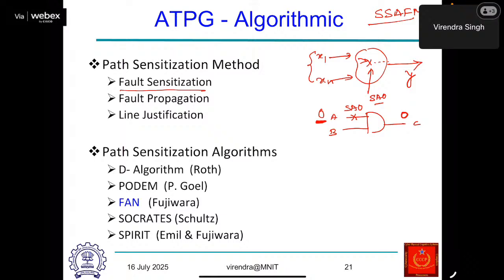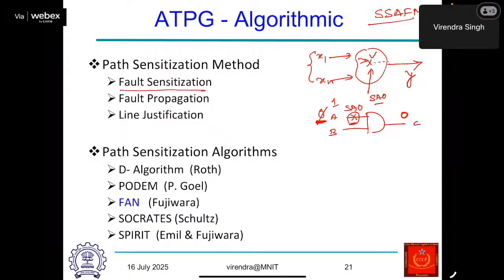So I want to find out a distinguishable input that can provide a different output. So that means at least at the fault site, the point wherein there is a fault, we call this the fault site. At the fault site I have to have the opposite value of the faulty value.